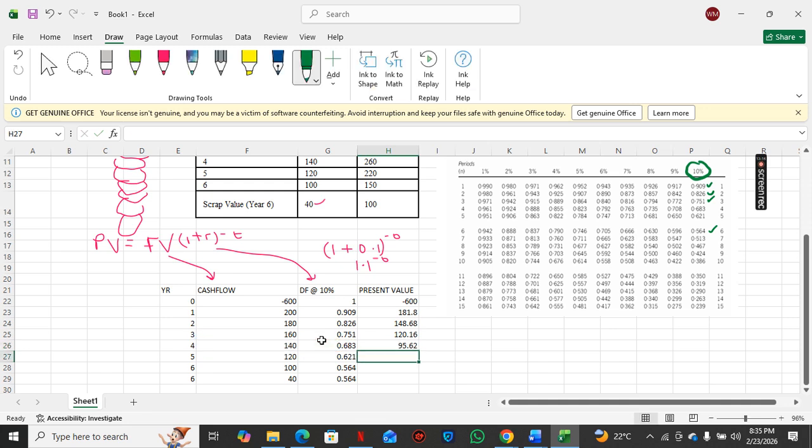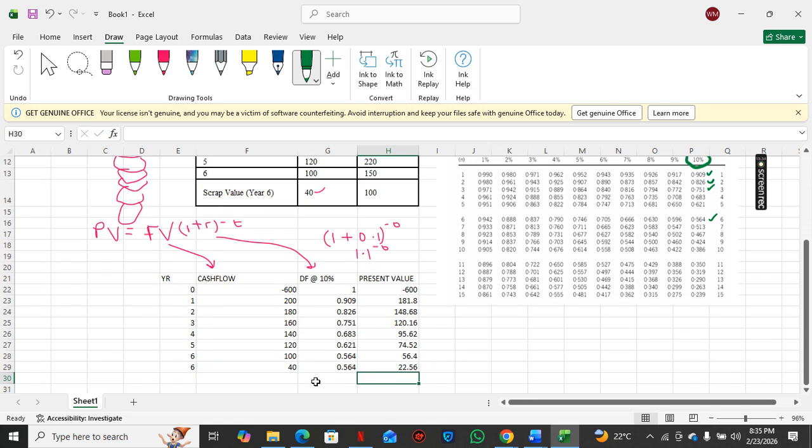Each cash flow multiplied by the discount factor. Any questions?